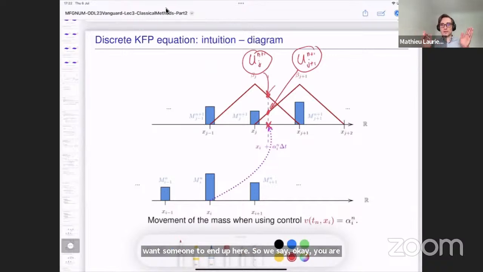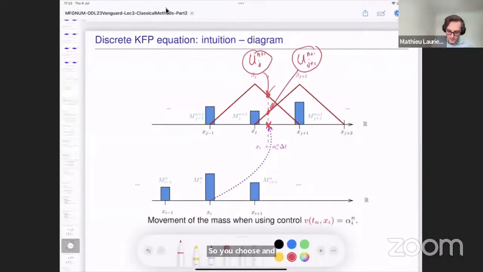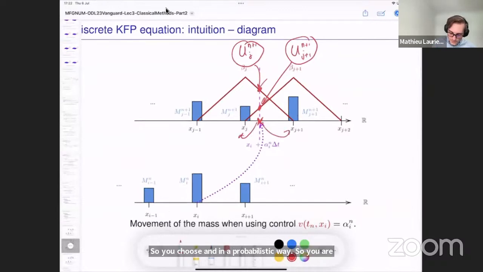You have to choose. But in fact, you don't want to choose in a deterministic way, so you choose in a probabilistic way. So you are going to choose xj with some probability, and you are going to choose xj plus 1 with another probability. And how do you choose the probability? Well, you choose proportional to the distance, in fact, proportional to these beta j's.